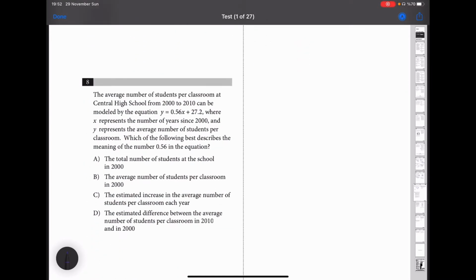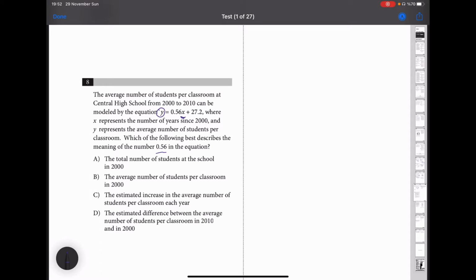The average number of students per classroom at Central High School from 2000 to 2010 can be modeled by the equation shown, where x represents the number of years since 2000 and y represents the average number of students per classroom. So y is average number of students per classroom, and x represents the years passing by since 2000. Which of the following best describes the meaning of the number 0.56 in the equation?